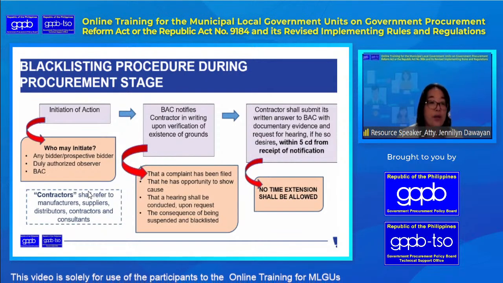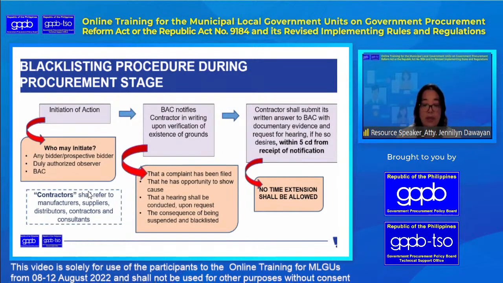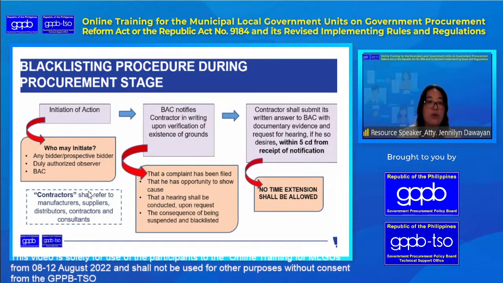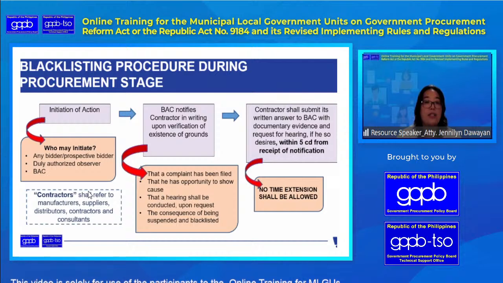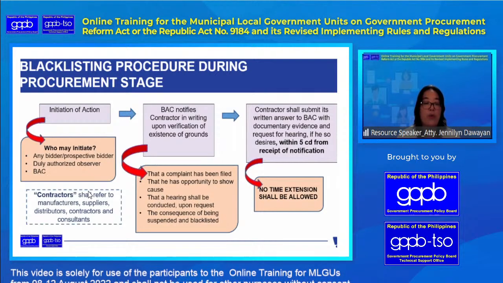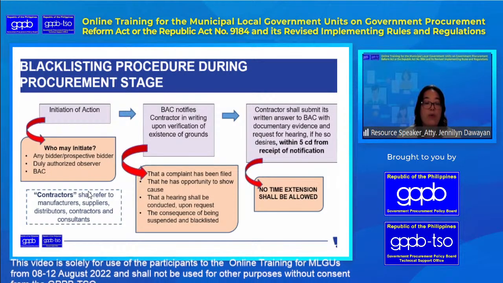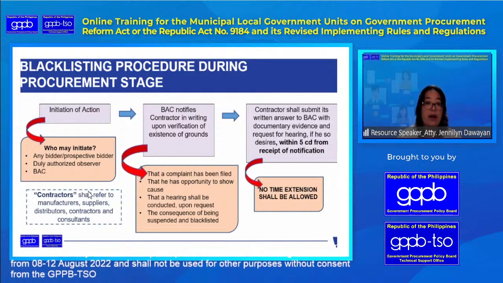So the third one, of course, is the BAC, kung makikita mo naman during the opening of bids or during the procurement process. So the BAC will notify the contractor in writing upon the verification of the existence of the ground. I-check niya yon kung the grounds that are stated there are valid.